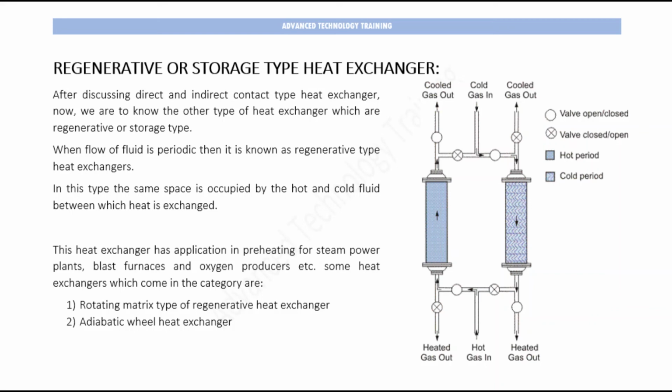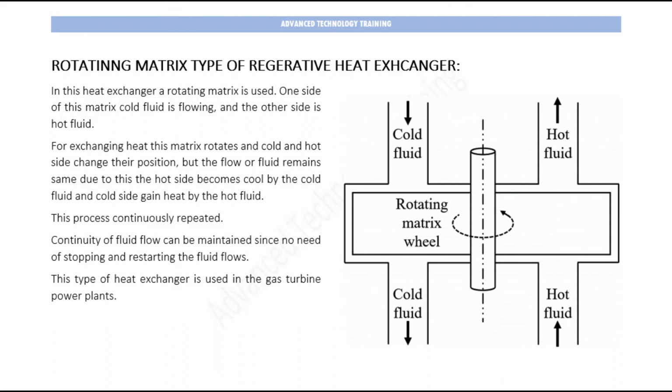Some heat exchangers which come in this category are: 1. Rotating matrix type of regenerative heat exchanger. 2. Adiabatic wheel heat exchanger. Rotating matrix type of regenerative heat exchanger. In this heat exchanger, a rotating matrix is used. On one side of this matrix cold fluid is flowing, and on the other side is hot fluid.